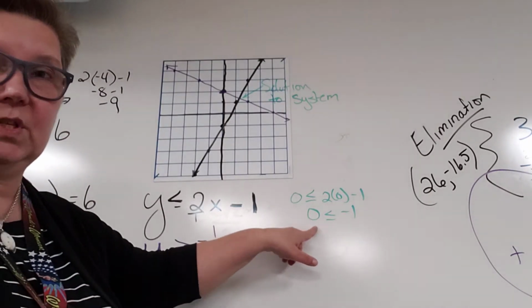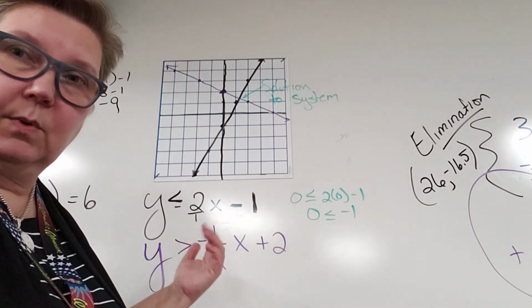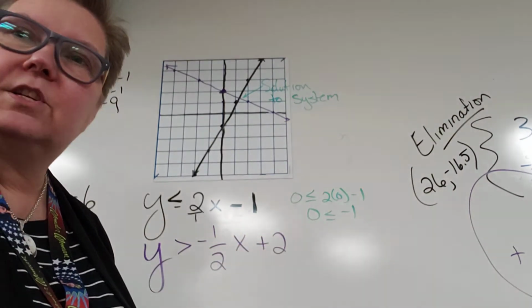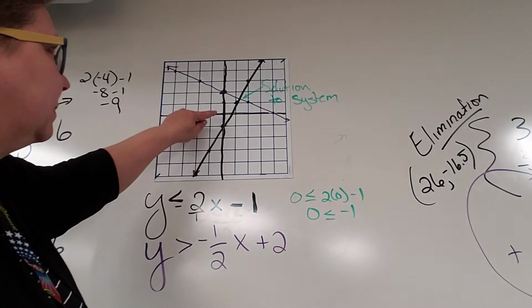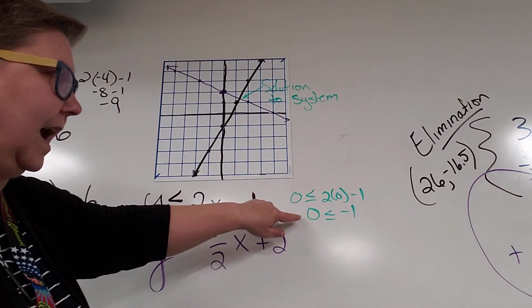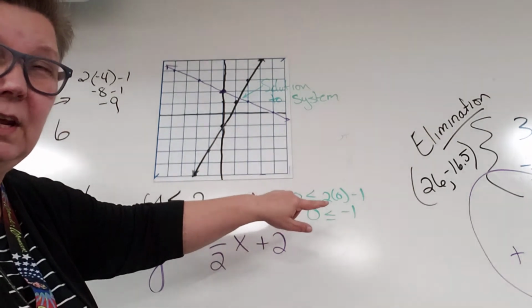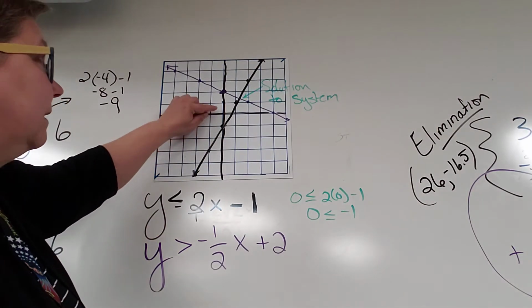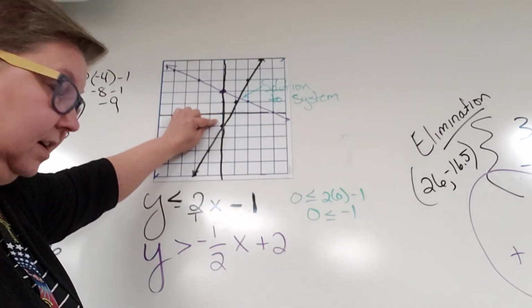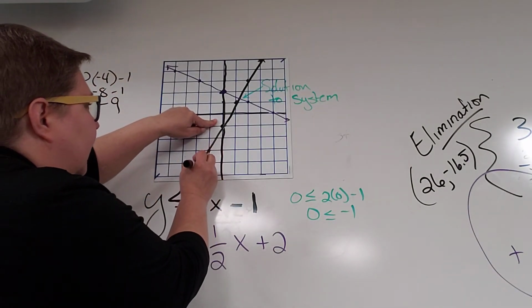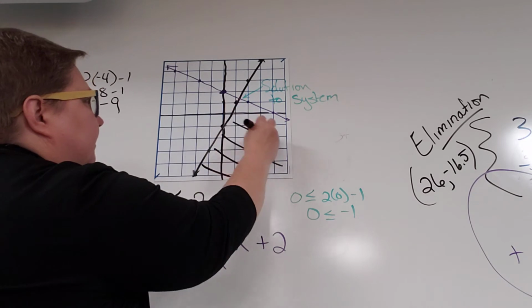If that's a true statement, you shade the side with the point. If it's a false statement, you always shade the side that's true. So 0 is smaller than negative 1, which is false. That means this side is false, so we shade the true side. Okay?